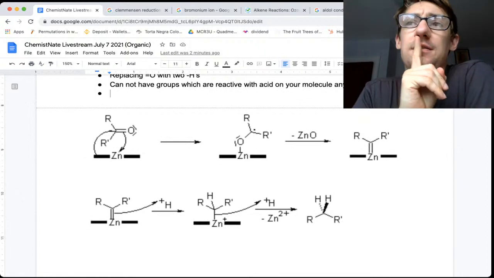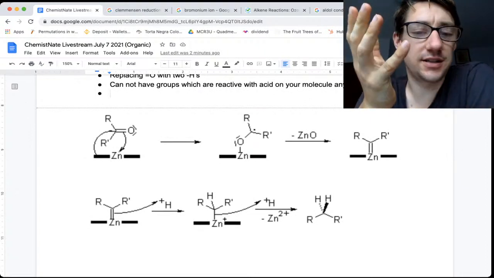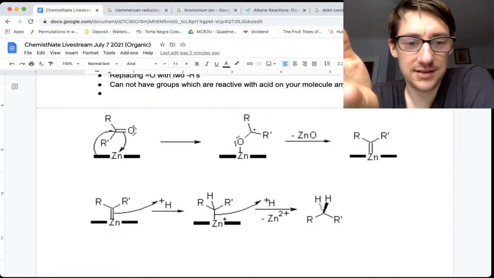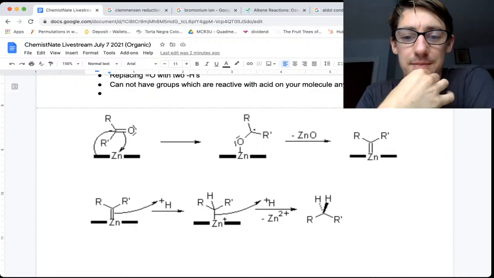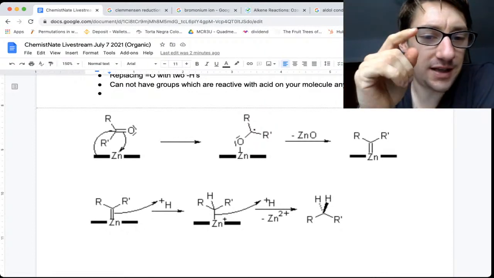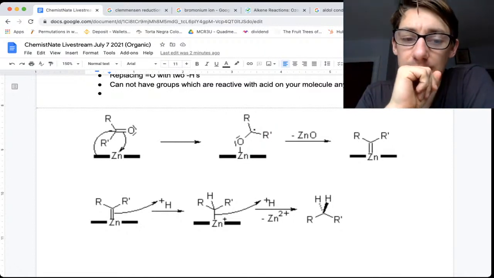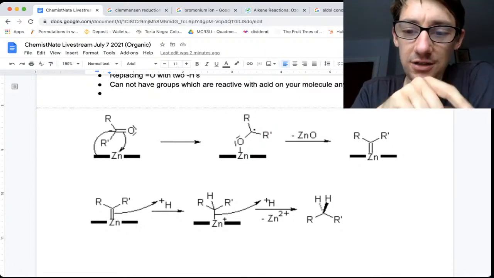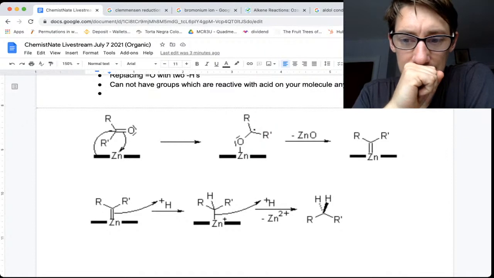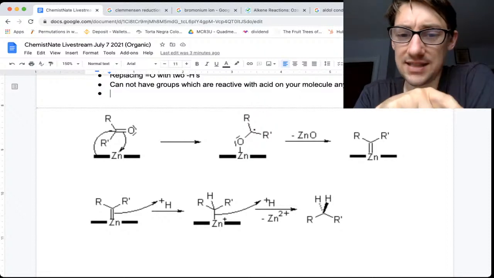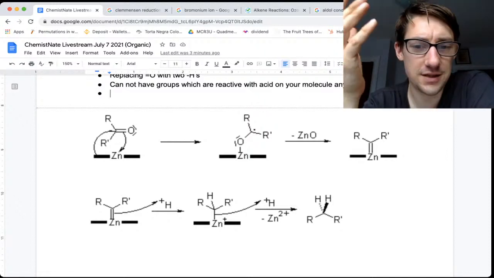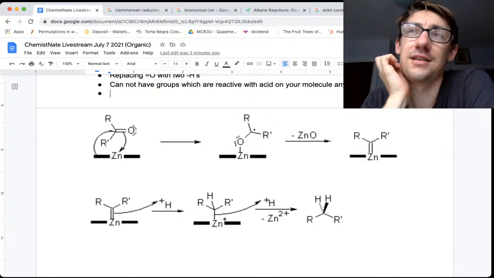So you form, you could call it a covalent-ish bond. It's probably more of an ionic bond, but whatever. Between the oxygen and the zinc. A single electron donates itself to the carbon to keep it neutral?